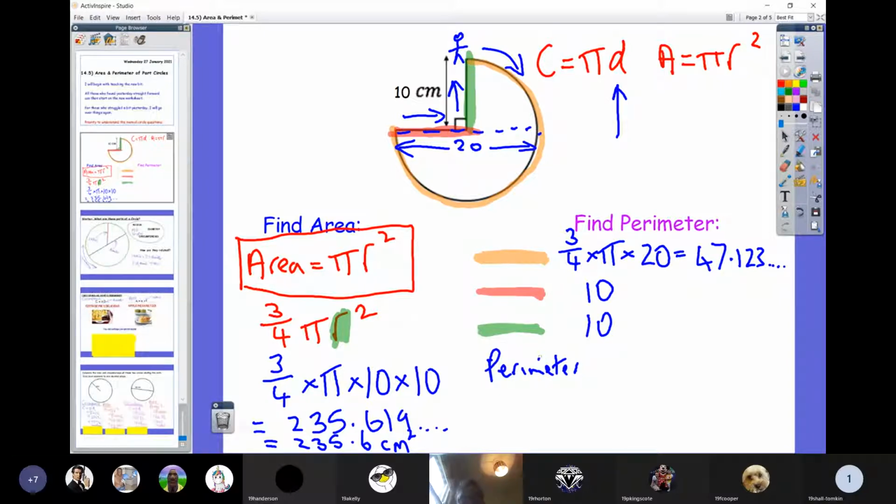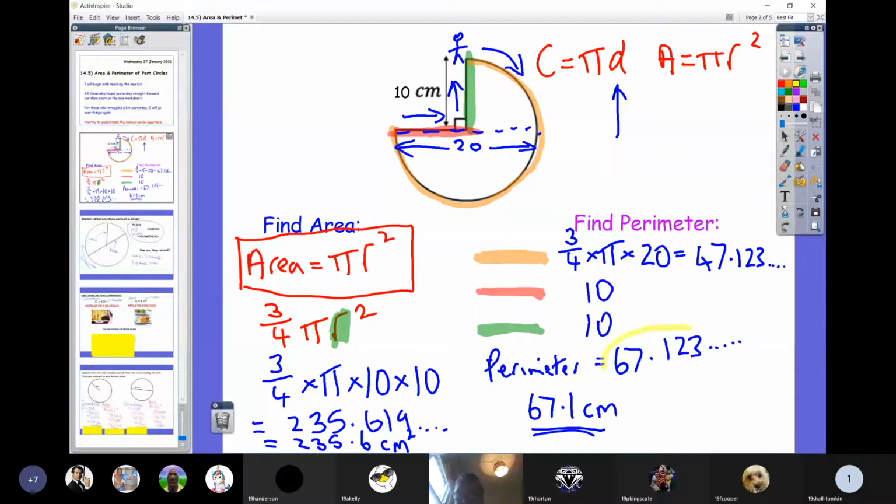So that's my 47.123, add 10, which is 67.123... Again, let's assume the question said to 1 decimal place. That would be 67.1 centimeters. Centimeters because it's a length. So I've got that perimeter of 67.123 by adding those 3 numbers together.